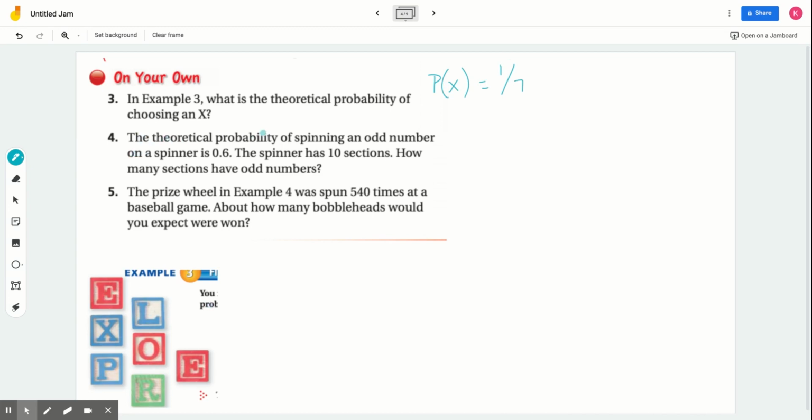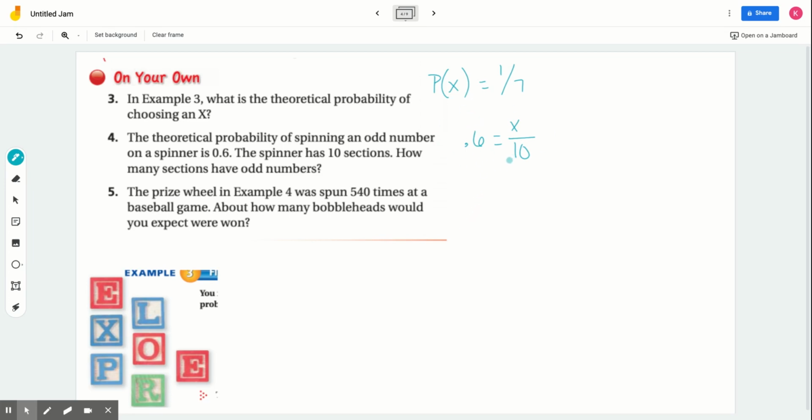Number 4, the theoretical probability of spinning an odd number on a spinner is 0.6. The spinner has 10 sections. How many sections have odd numbers? So we know that 0.6 is going to be equal to how many favorable outcomes out of 10 possible outcomes.